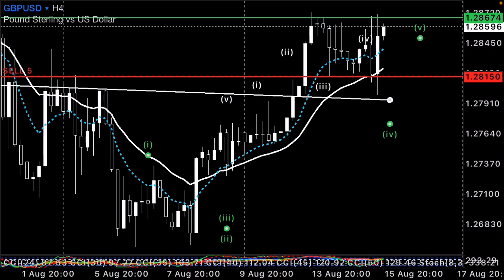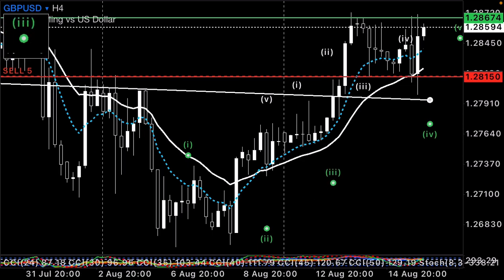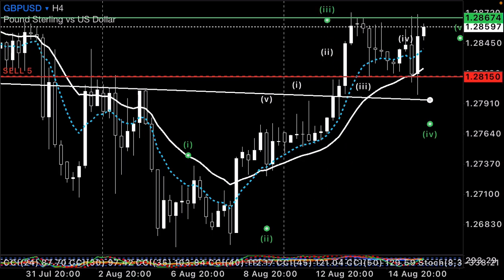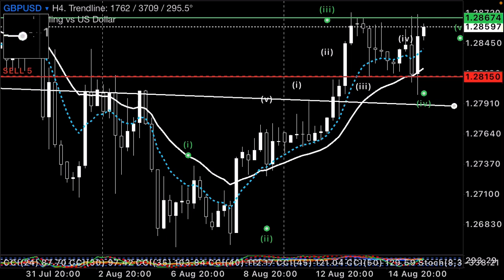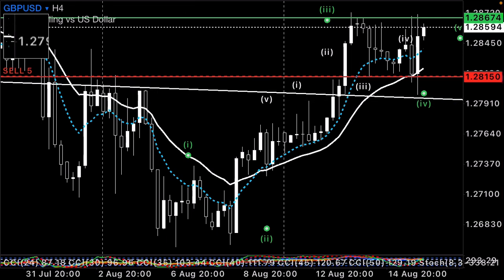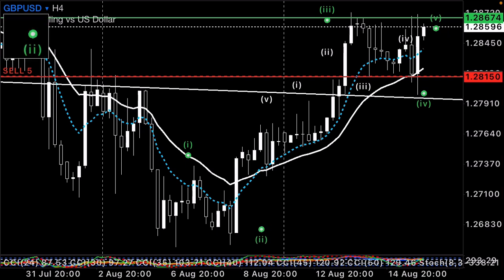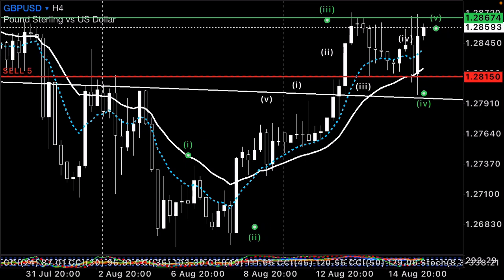There. Okay, here's the 3. Okay, on the 4-hour chart, it's ready for a move down on the 4-hour chart.